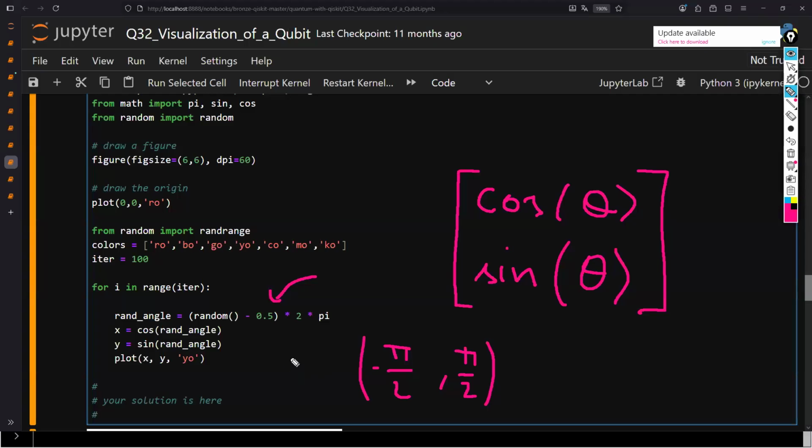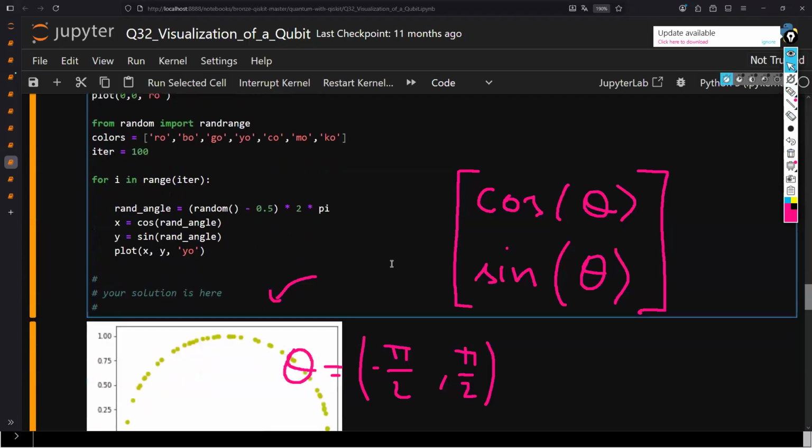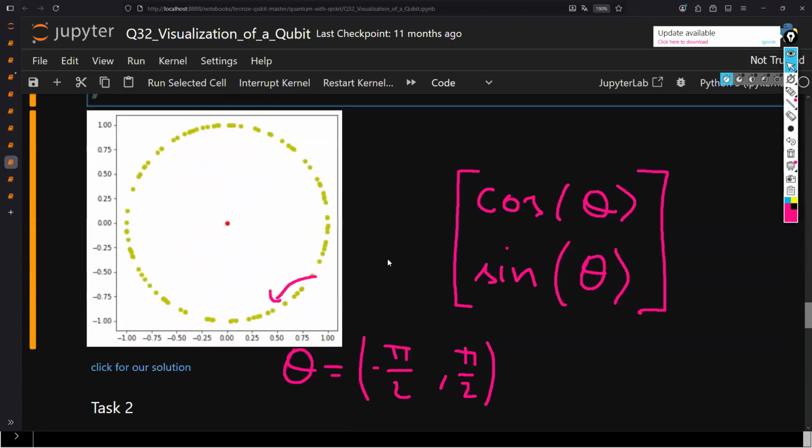So this is what we end up with if we express our quantum states in this form, right? This turns out to be the generic form of how we can express any quantum state on a single qubit.